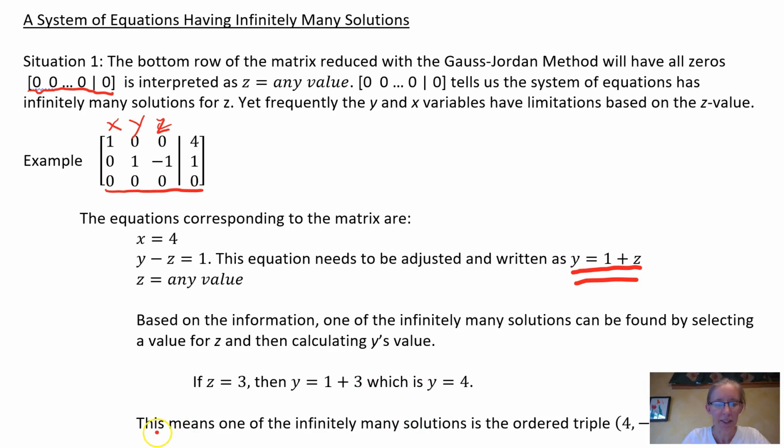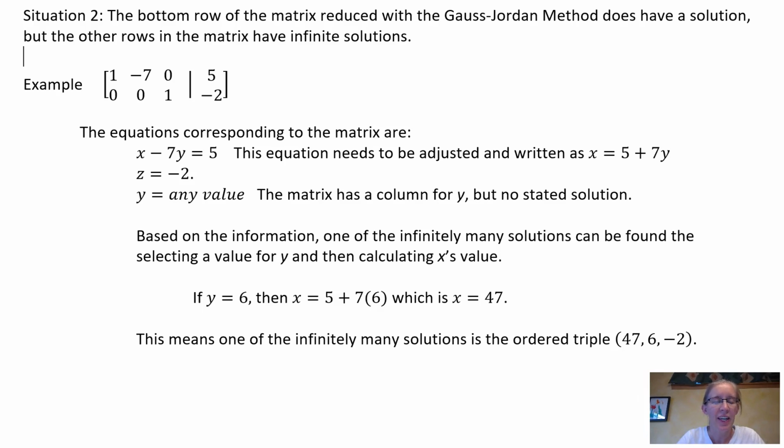That means one of the infinitely many solutions is the ordered triple: 4 for x, 4 for y, and 3 for z. So the ordered triple that I came up with is (4, 4, 3). I could find another ordered triple that satisfies this system of equations by picking a different value for z and then calculating what y would be.